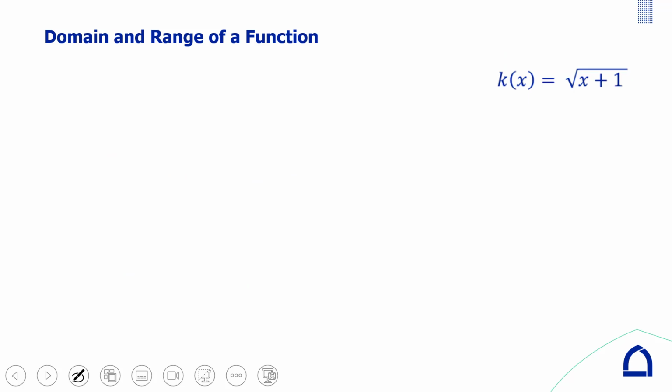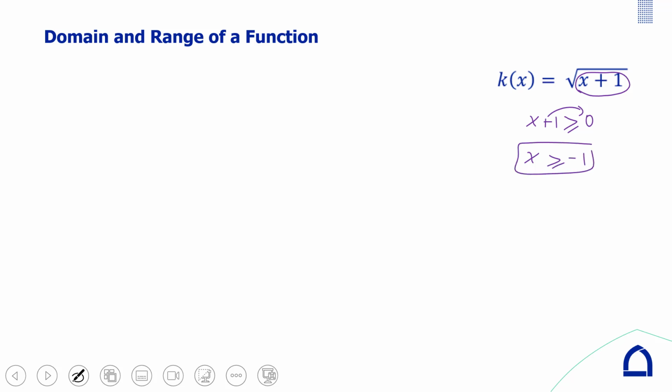Now, this is the square root function. We have a problem with the square root when we have a negative value under the square root. So x plus 1 should be greater than or equal to 0, right? So move this one to the other side to be minus 1.